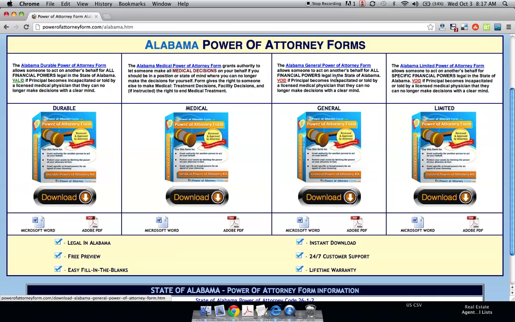Now, the general form is just like the durable form, except that if the person becomes incapacitated or gets dementia or Alzheimer's or whatever, this form becomes void. So this is much more popular among non-family members, among business partners, because as long as you're around, you know that your business partner is not going to be doing anything too crazy, usually.